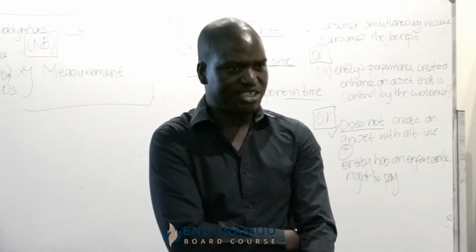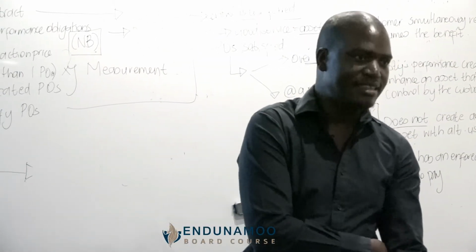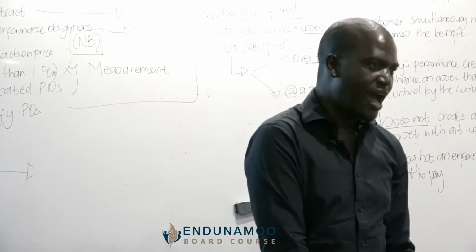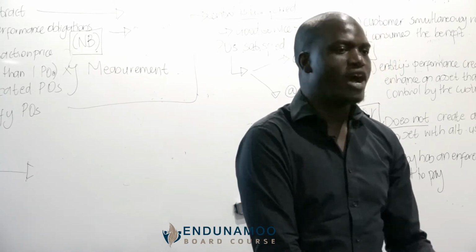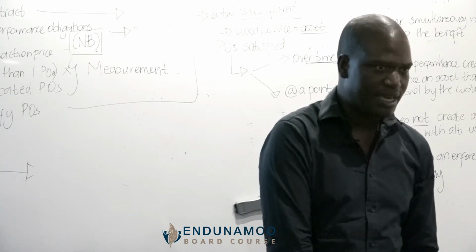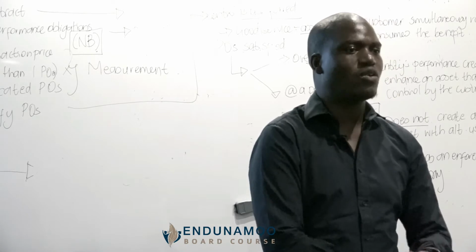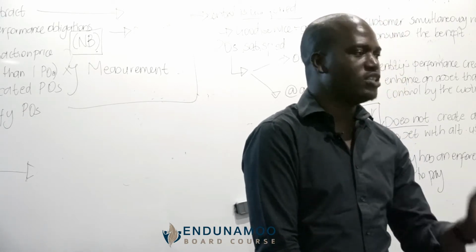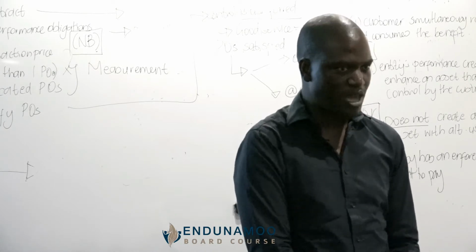So the B section clarifies the following. It says that if under that contract you are able to recover your cost from the client and then the contract is immediately terminated, then you do not have an enforceable right to payment.